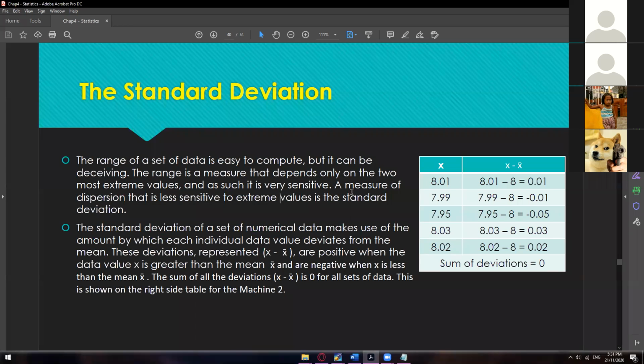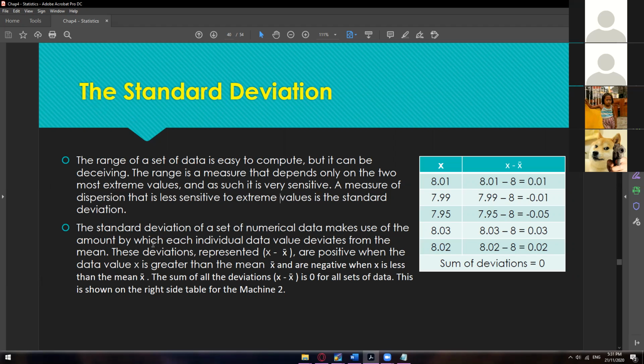A measure of dispersion that is less sensitive to extreme values is the standard deviation. So for quick results we could use the range, but for a more reliable result we're going to use the standard deviation.